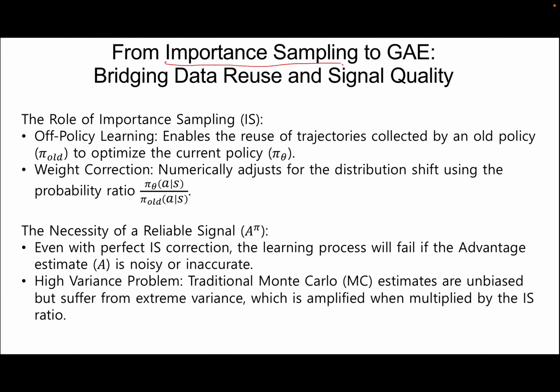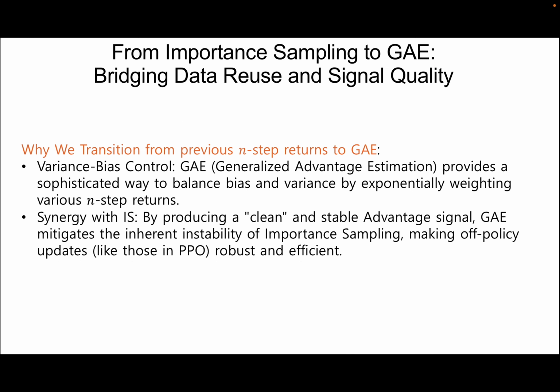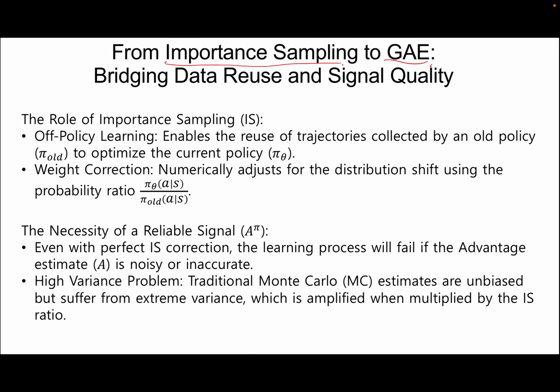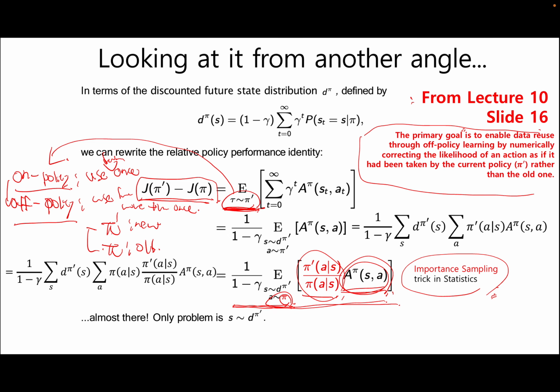That is the motivation of GAE. GAE is generalized advantage estimation, right? It is relative advantage. In the previous term, we have advantage here, right? So GAE is about this one. Importance sampling is about the ratio between the new policy and the old policy. GAE is about the advantage.